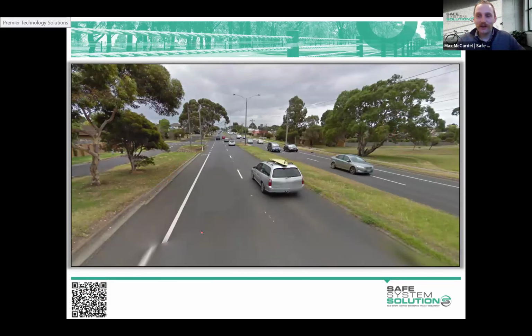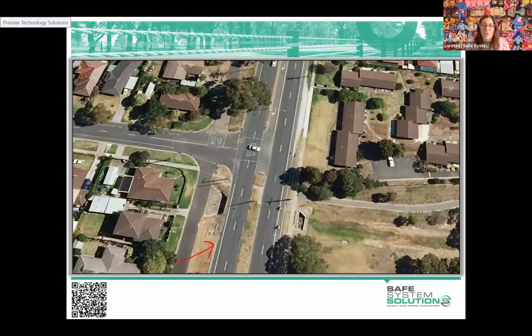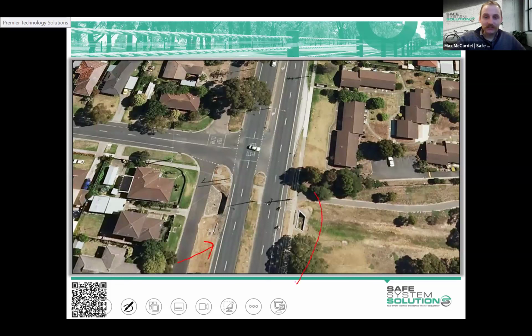I'll check in with Loretta to see if there's any other questions that participants might have about this site before we get into the exercise. Yeah, perfect. Thank you. Just in regards to the intersection further south, that is causing traffic to queue up on the side street. Is there any known queue frequency? The next intersection north. Sorry, south.